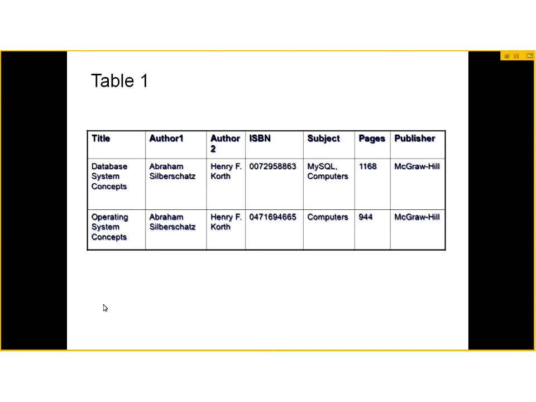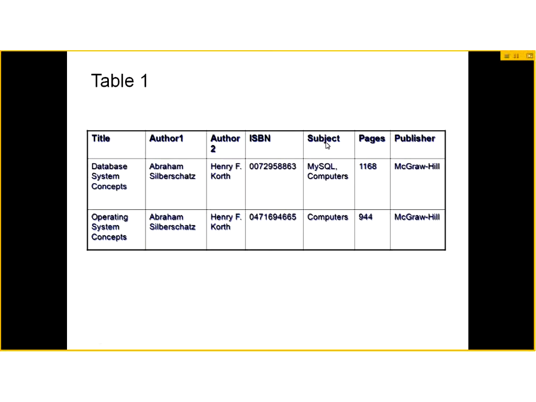Now example 2 is about this one. In this table you can see that there are two books about which the data is stored. The first book is Database System Concepts. The second one is Operating System Concepts. The first author of both of these books is the same. The second author of both of these books is also the same.